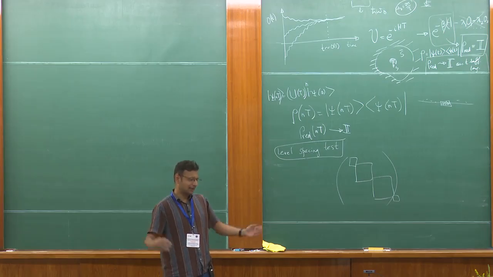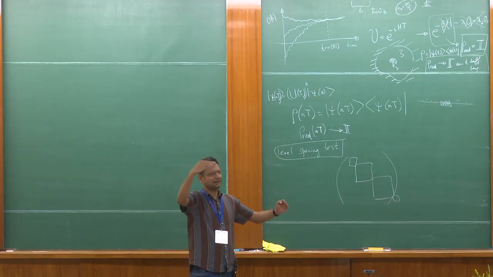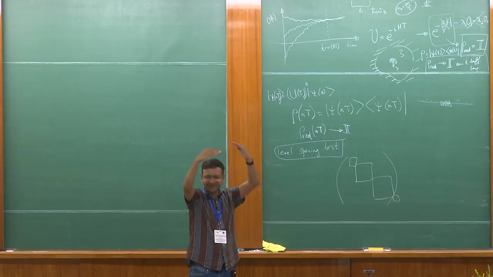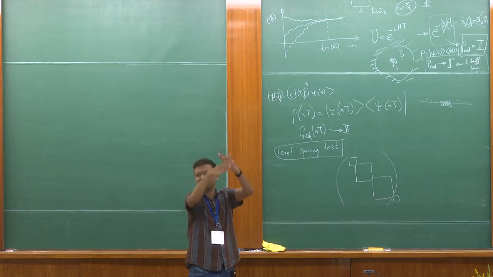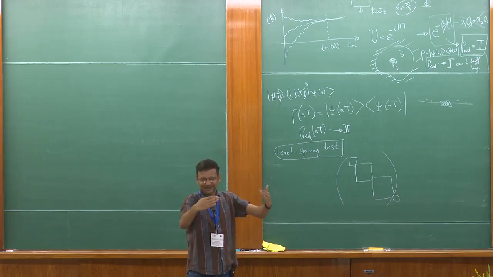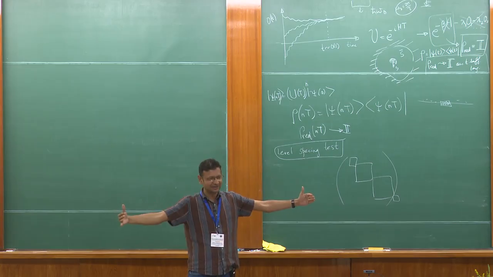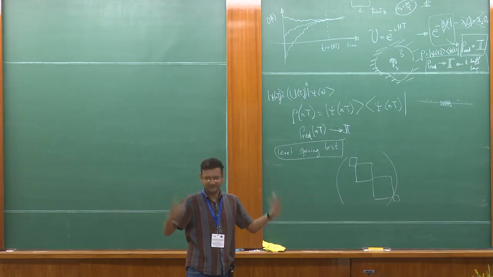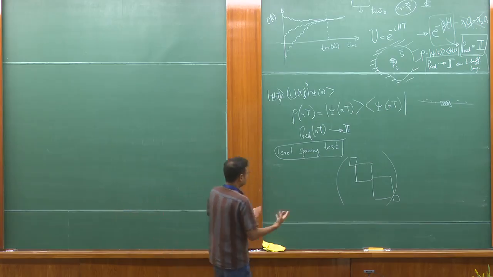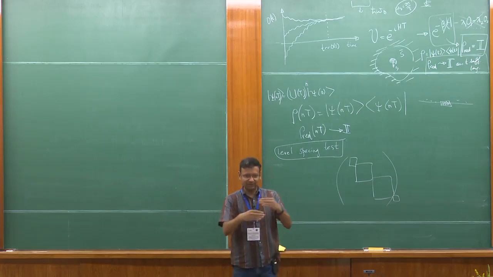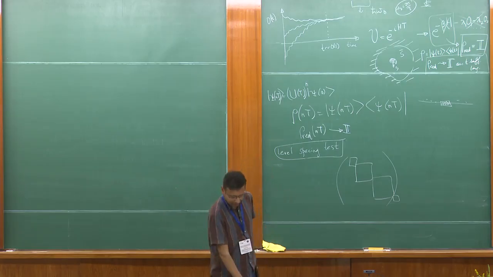Otherwise, there can be an eigenstate with some quantum numbers and another eigenstate with other quantum numbers, and they can cross each other, even in a non-integrable problem, because they have different symmetries. In some sense, they are living in two different universes. But if you resolve all the symmetries, this cannot generically happen.